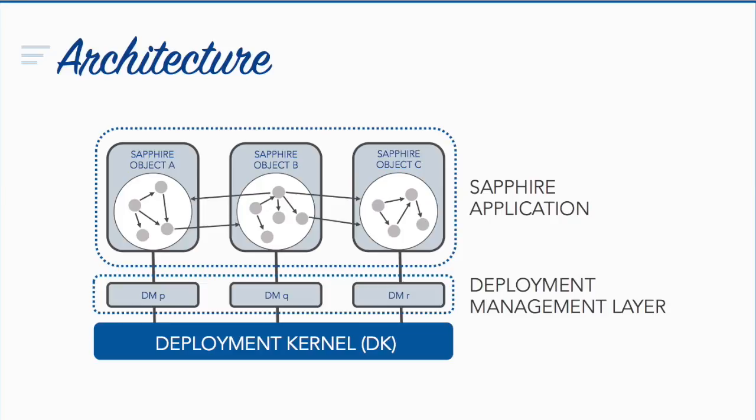So that's one of the main purposes, to offer that type of flexibility. And also by separating application logic from deployment decisions, the application complexity is reduced and the deployment can now be easily changed and manipulated. Now we can take a closer look at each of these individual parts.